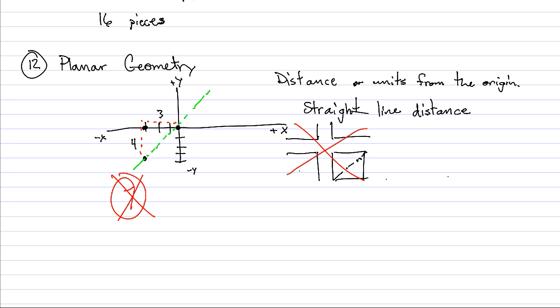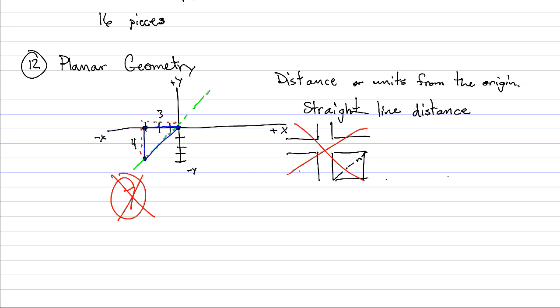And in order to measure that, in general, use the formula based on the Pythagorean theorem. But in this case, we see that we have a triangle, right? And I'll draw that triangle in blue. We have a triangle here.